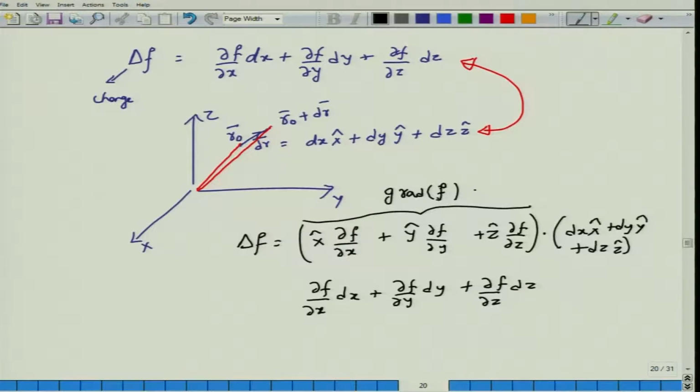This is connected, or this is a dot product, or you have to take the inner product of this one with the corresponding displacement vector dr. And it is one of the conventions that instead of talking about the displacement vector dr, we talk about the change of a function along a particular line, and therefore we talk of the line element dl. Remember from the Cartesian coordinates that dl was the line element that we had picked, which was a vector line element, and this is given by dx x hat plus dy y hat plus dz z hat. So, you put in the remaining term over here.